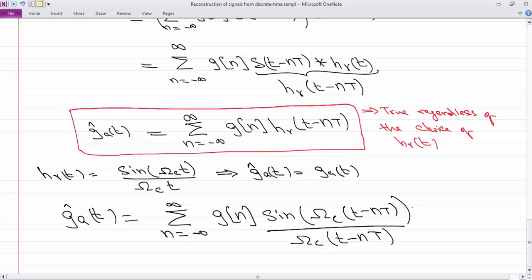This formula is called the sinc interpolation formula, which simply means that you're given some samples and you are trying to fill in the values in between different samples using the sinc function, using the sinc kernel. And if all the conditions were satisfied, like you satisfied the Nyquist criterion and there was no aliasing, then you are guaranteed that sinc interpolation will give you back the original signal.